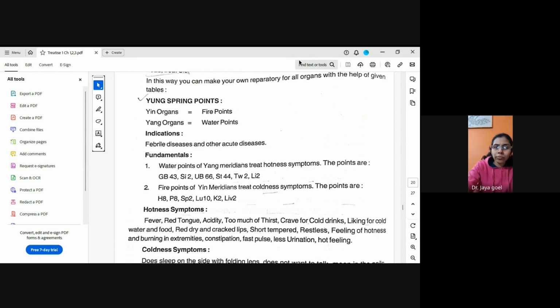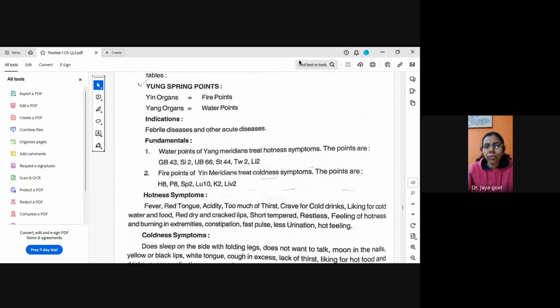Water points of yang meridians are used to treat hotness symptoms. And for coldness symptoms, we use the fire point of the yin meridian.